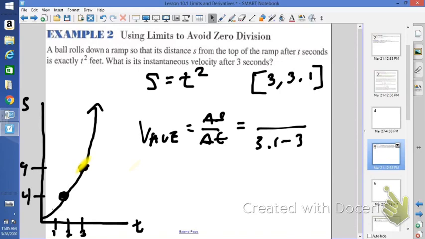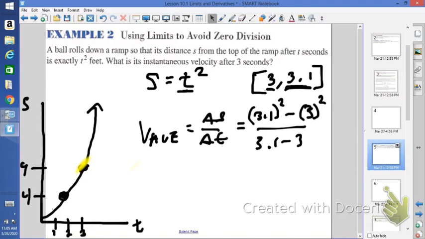Now, how do we find our change in s? We're going to take this 3.1 and plug it in for t. So we're going to get 3.1 squared, and then we're going to subtract, take 3, plug it in for t now, 3 squared.